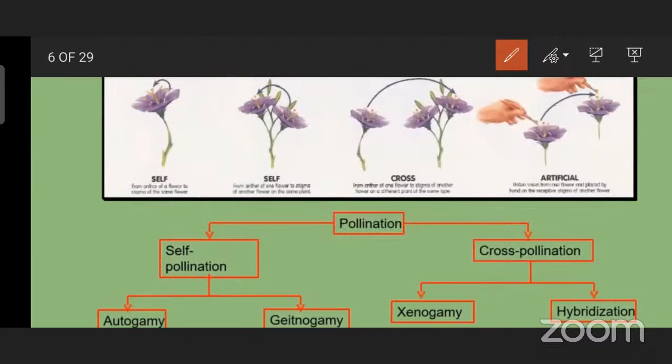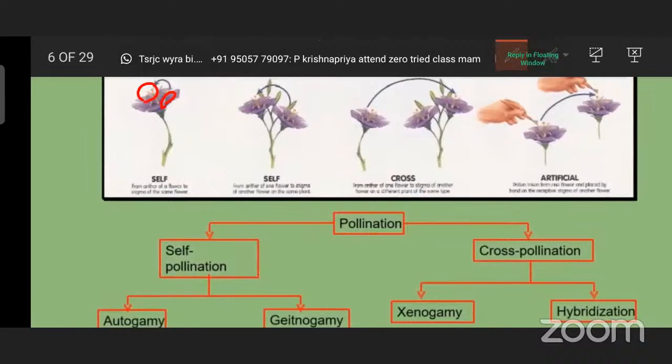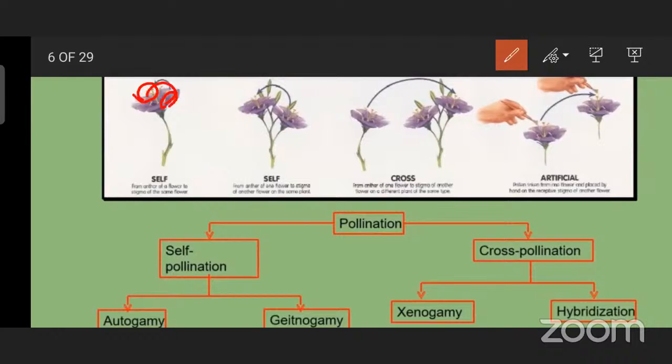See here, this is the male gamete, and this is the stigma, the female reproductive organ. When the pollen grains are transferred from anther to stigma of the same flower or another flower on the same mother plant, it is called self-pollination.